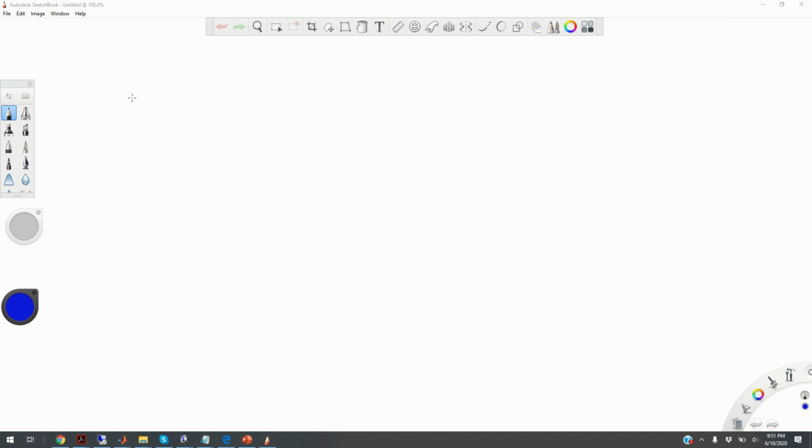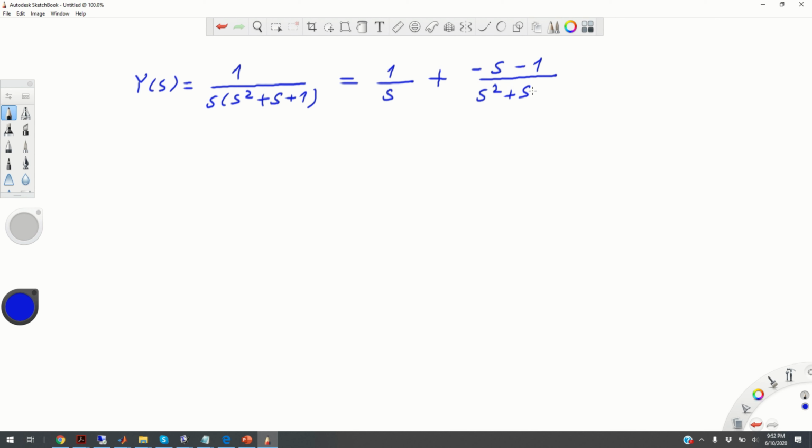Okay, so we have seen that we can represent Y of s, which is equal to 1 over s multiplying s squared plus s plus 1, as 1 over s plus minus s minus 1 over s squared plus s plus 1.